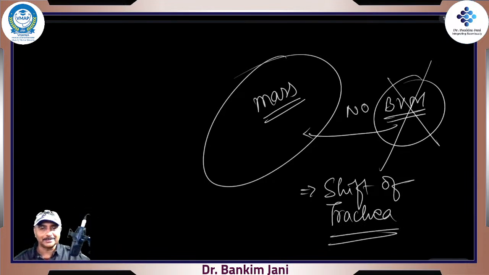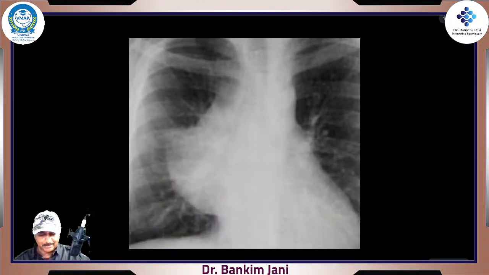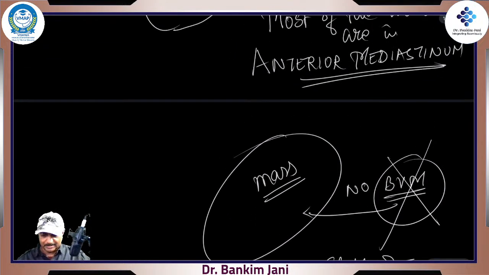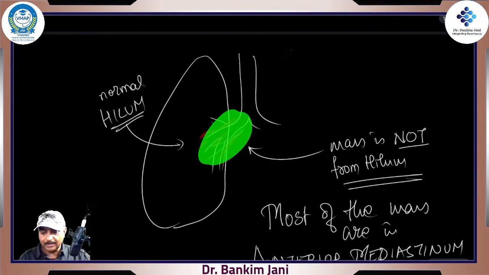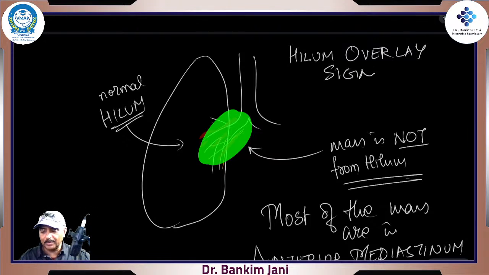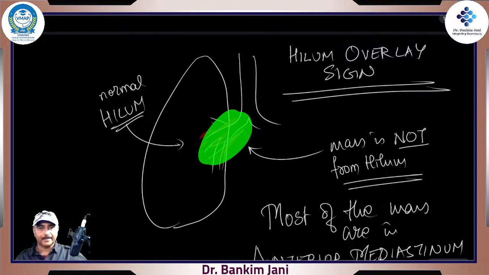Enough, we have discussed, and you'll be able to see it so nicely. This sign is called the hilum overlay sign. How easy it is. Hilum overlay sign, it is on the hilum.